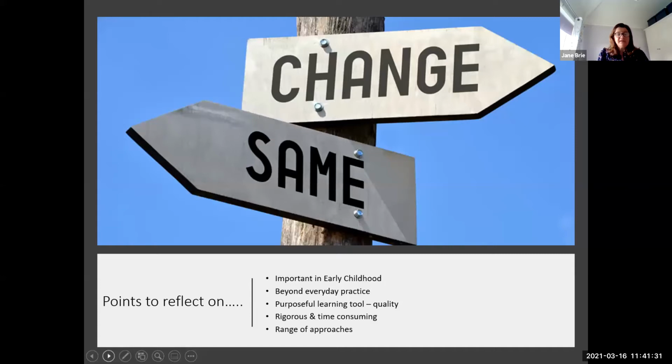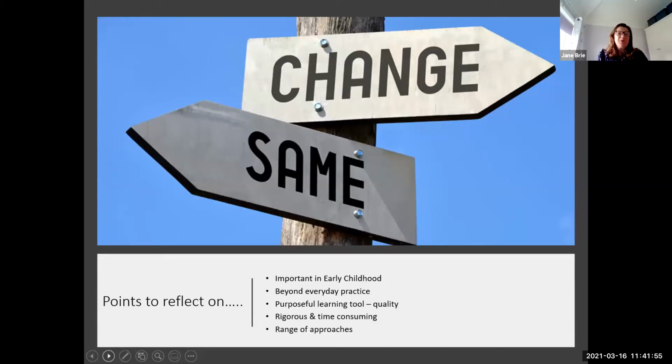I mentioned speech and language, occupational health, all these things really important. And if you were in practice, say for example as a teacher, you would engage with them as well. So it's really important making those observations and discussing those with other adults as well. It should be rigorous, and it can be time consuming.